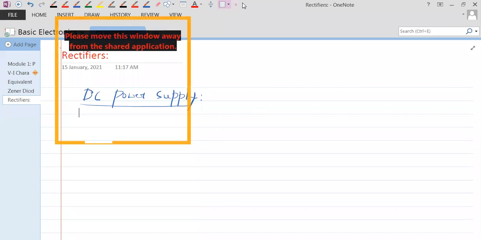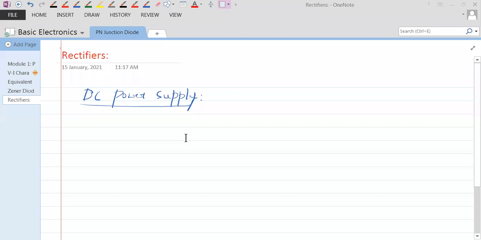Okay, now let's understand what is this DC power supply, wherein these rectifiers are used. Now, you might have seen the electronic gadgets and the power supplies that we have for them.